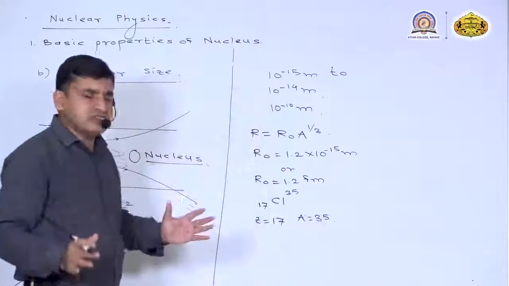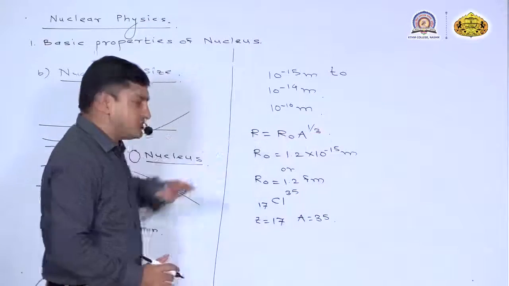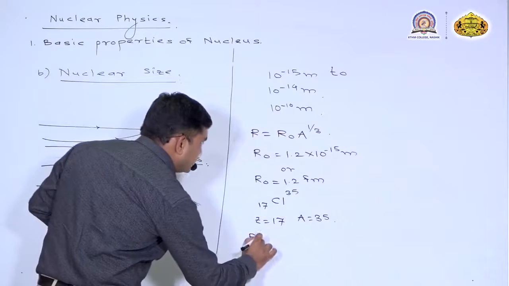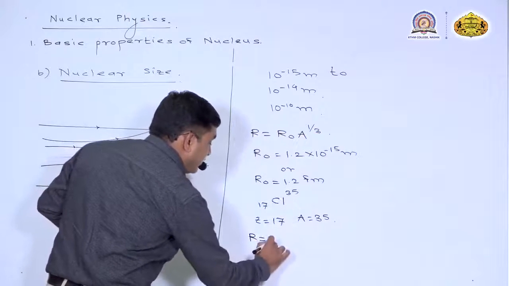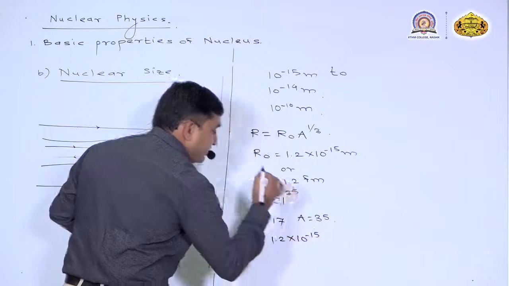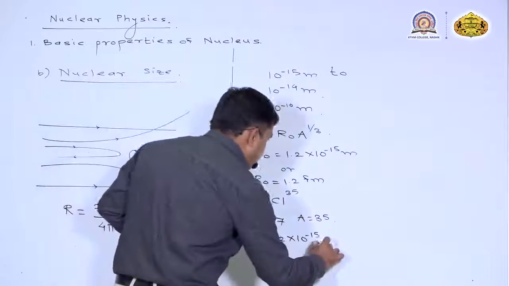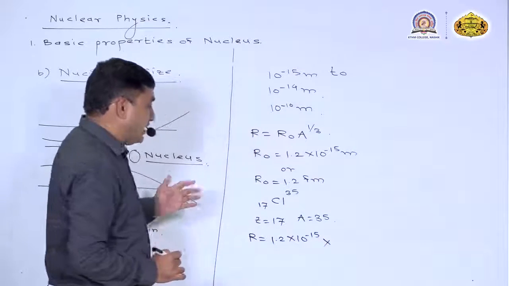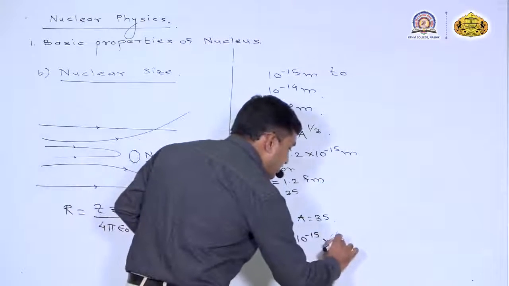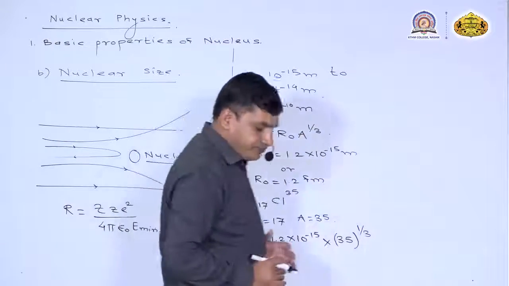When we put this value A is equal to 35 in this equation, then we get R is equal to R0, that means 1.2 into 10 raised to minus 15, into the value of A, 35 raised to 1 by 3.